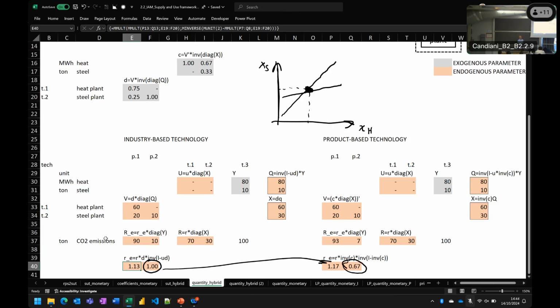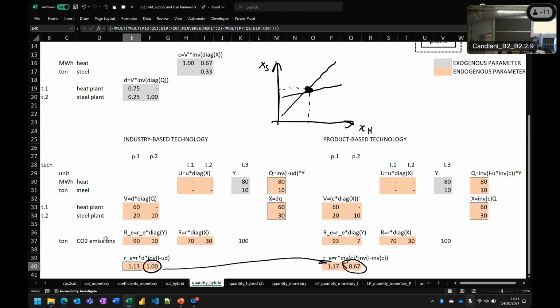Steel plant probably has less, I'm not sure, less emission than heat plant. Yes, of course, but not just for this, because in the end, it's not just a matter of comparing the two. Here we have the same plants.